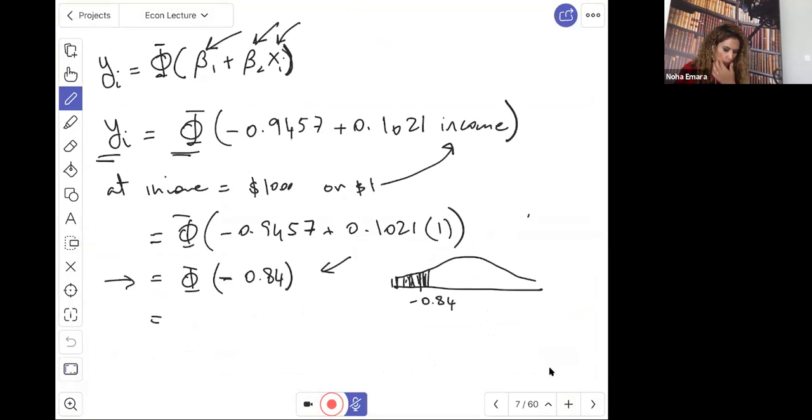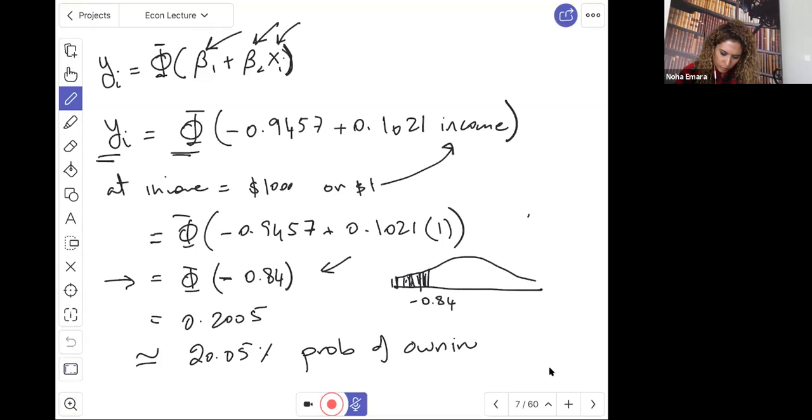Okay, so we found the probability to be equal to 0.2005 from the table, and this is the same as saying there is a 20.05% probability of owning a house having an income of 1,000.